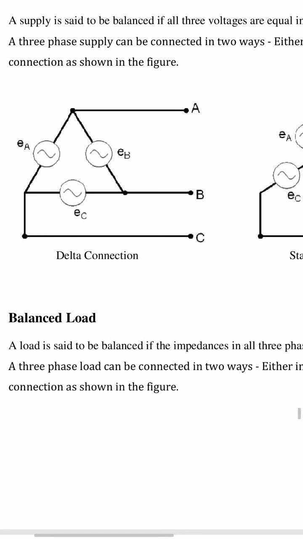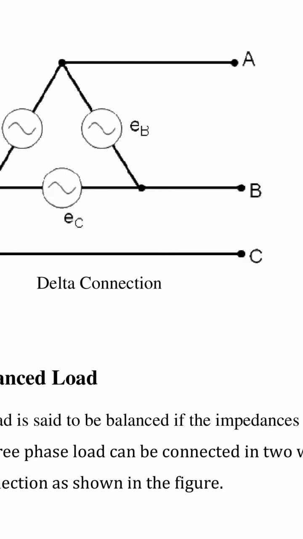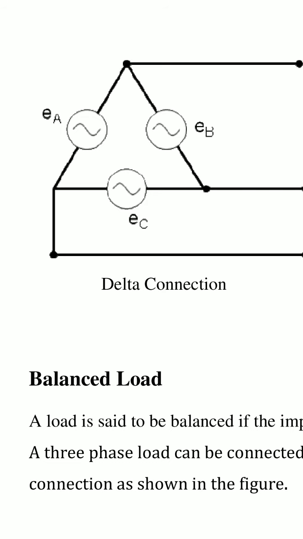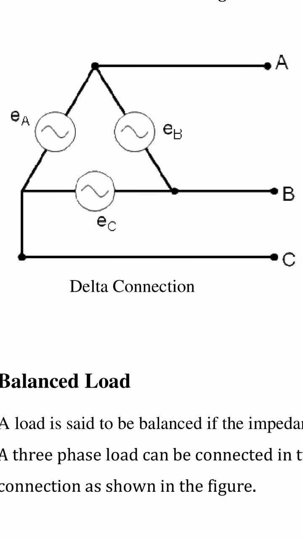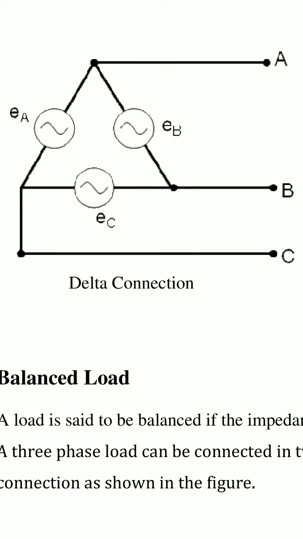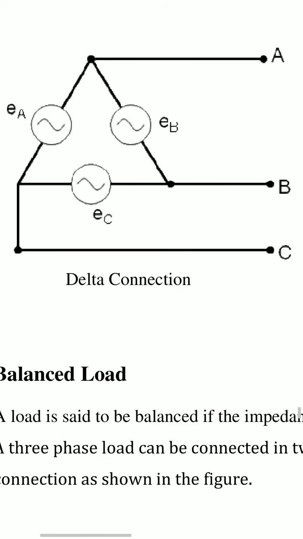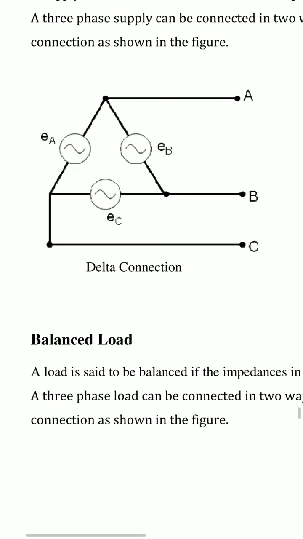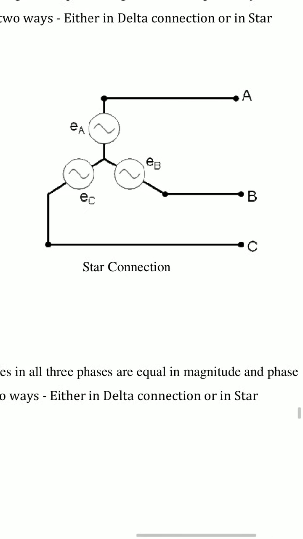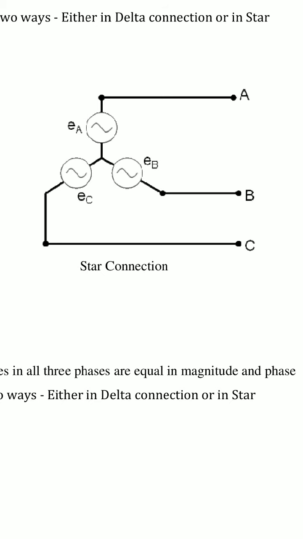So see here, this is the delta connection. EA, EB, EC are connected in delta manner. The terminals are A, B, C. And see, the next one is the star connection.